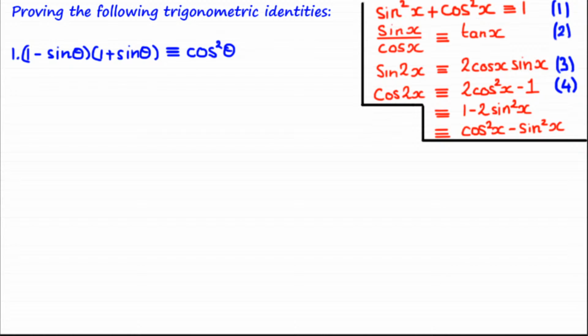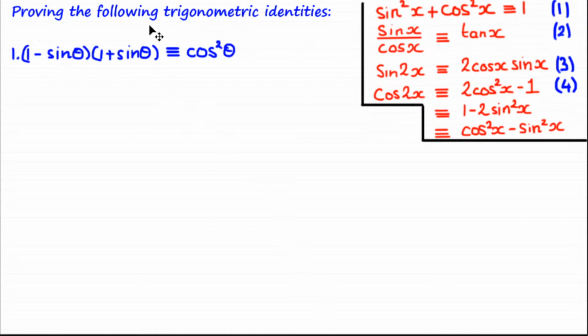Now, proving identities is one of those things, some see it as a science, some see it as an art. I must say that there is really no hard and fast rule. So long as you use the correct identities, which are given here, and you also use the correct operations, the only other thing I would recommend is to have a plan or strategy.